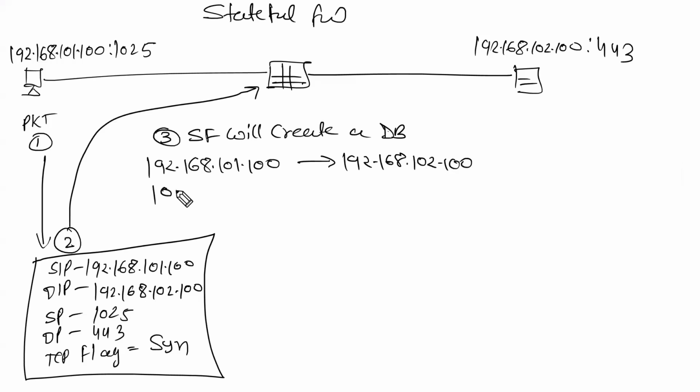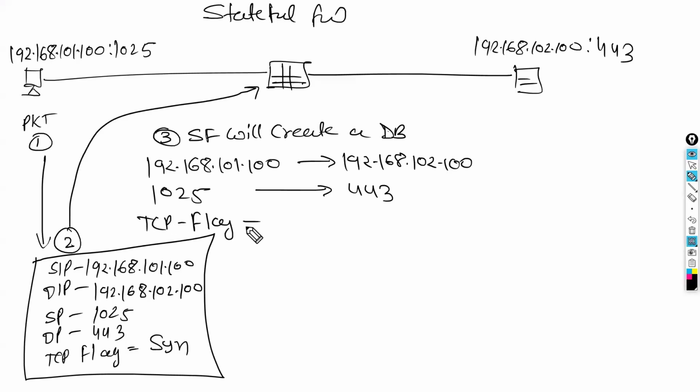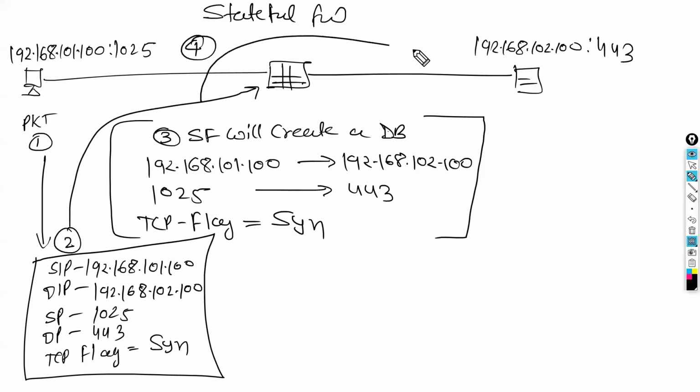Which port number is coming? 1025, and it is going to port number 443. What is the TCP flag? SYN. Such a database will be created by your stateful firewall. After this, the packet will be forwarded to the server.